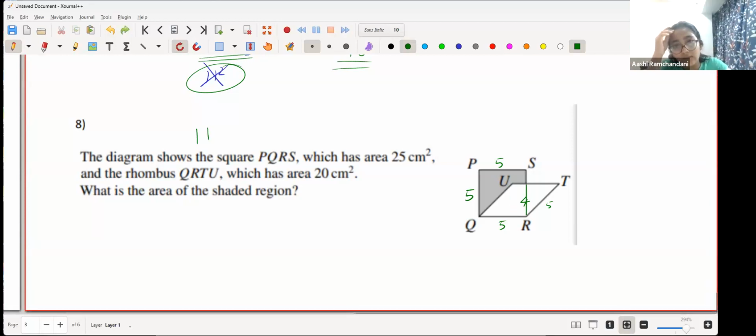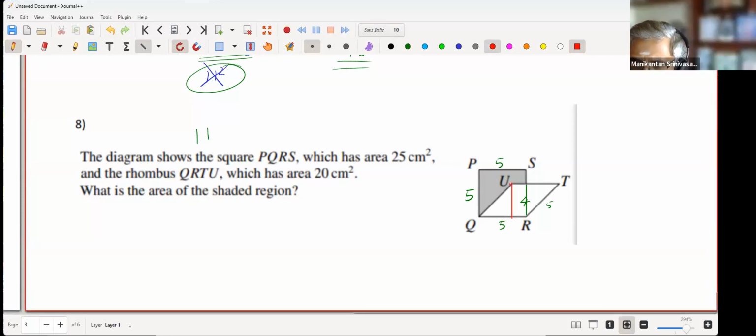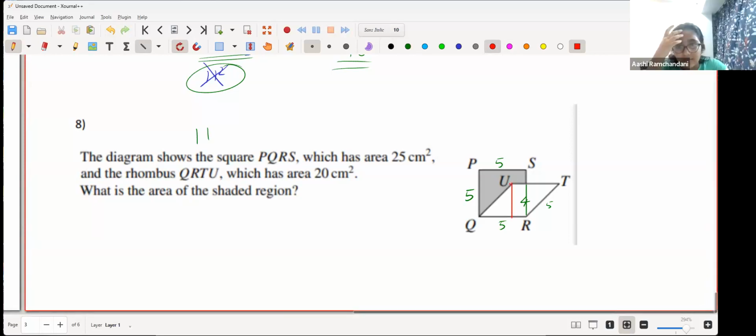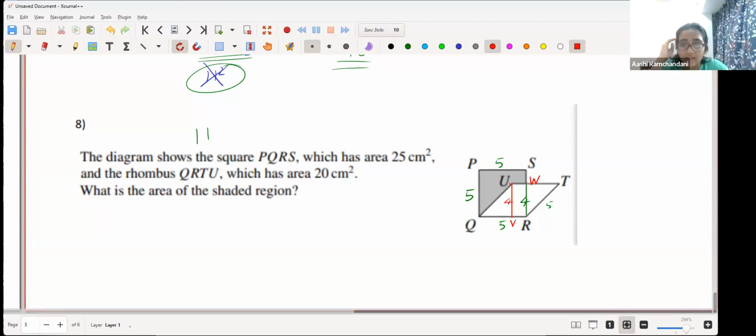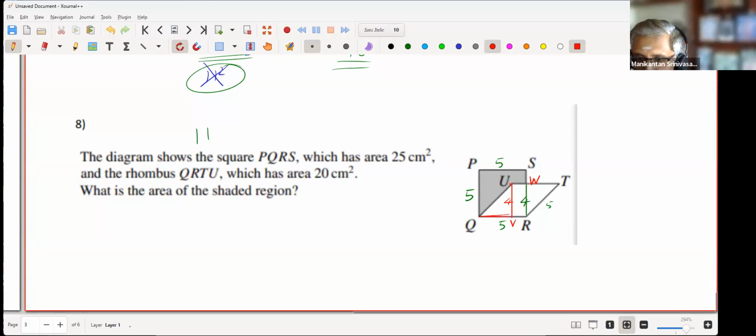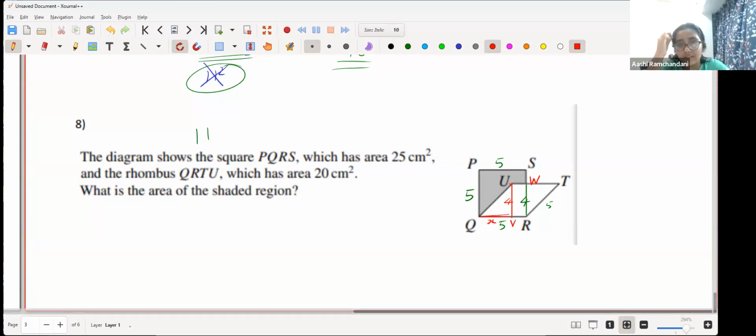I've drawn a line between U and V. I'm calling this point V, and I'll call this W. Between Q and V, I've taken that to be X. Then UW is equal to VR is equal to 5 minus 3, which is 2 centimeters.